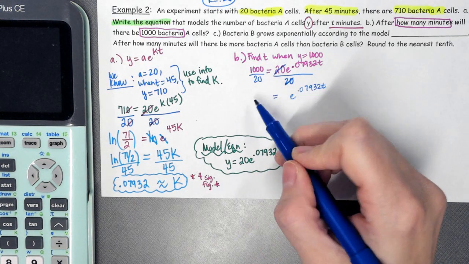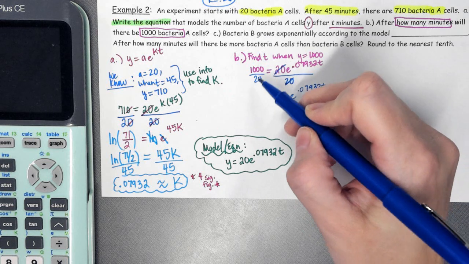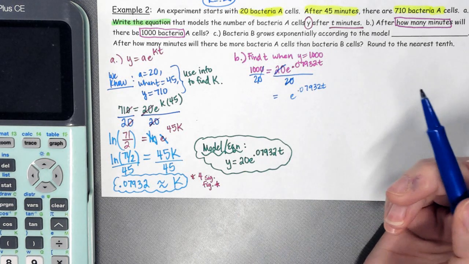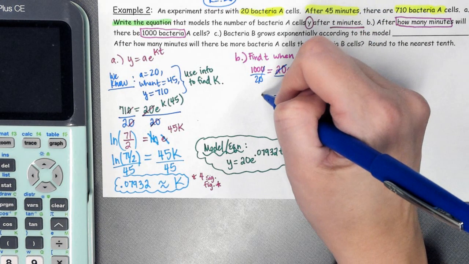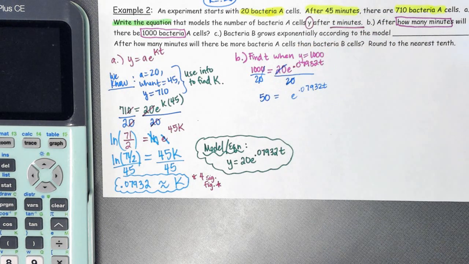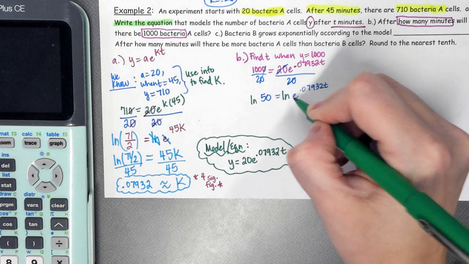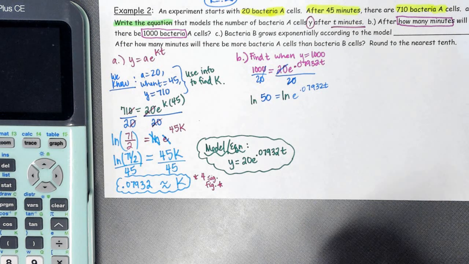And again, you can decide if you want to simplify this or not. When you cross off the zeros, you have 100 divided by 2. We know that that's 50. So it's less to write if you can simplify it. I'm fine if you leave it like that. And then, of course, once you get E by itself, you take the natural log.